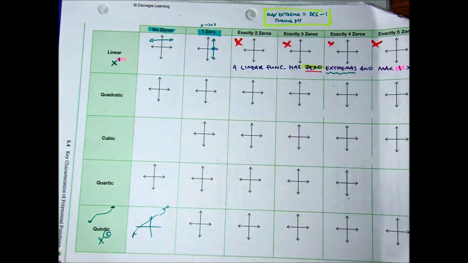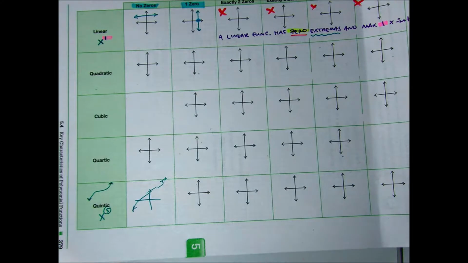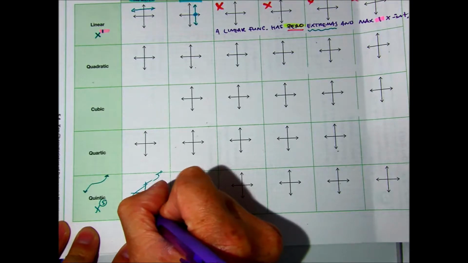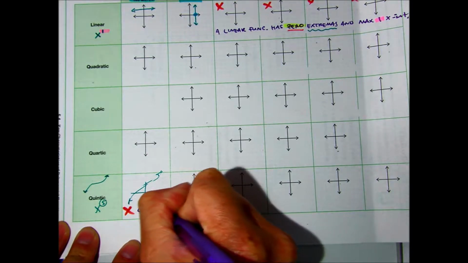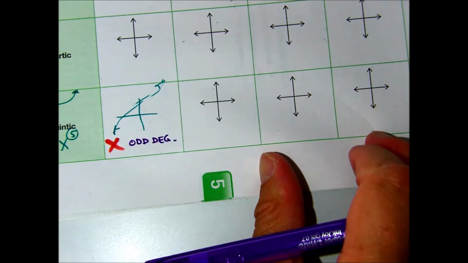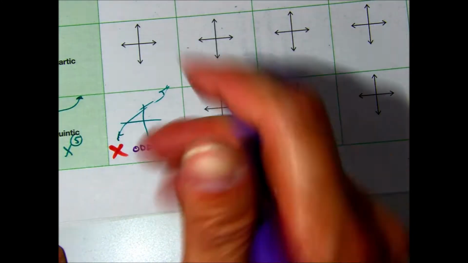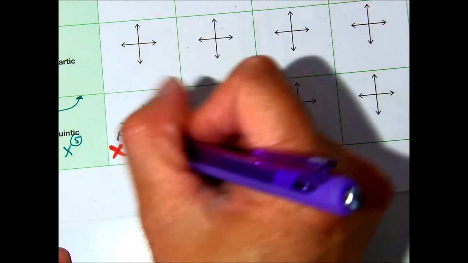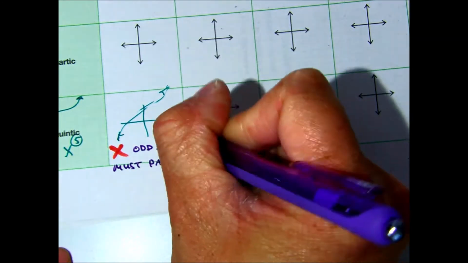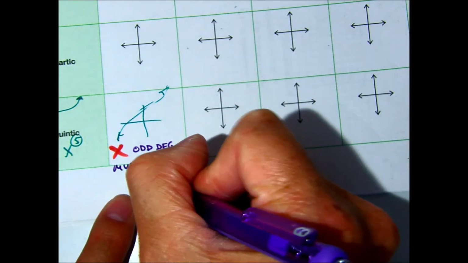So can I even draw that picture? No. My explanation is odd degree must pass the x-axis.